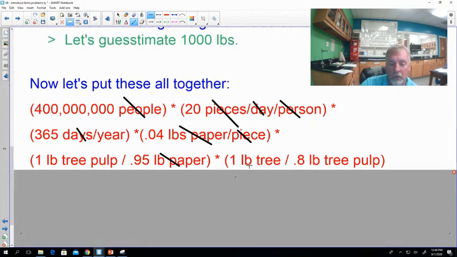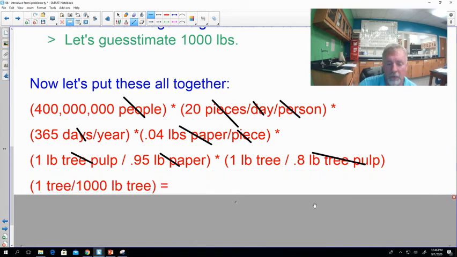So 1 pound of a tree will give me 0.8 pounds of tree pulp. So I've got pounds of tree pulp in the numerator and pounds of tree pulp in the denominator. I'm showing you how the units cancel out so I make sure I'm putting things in the right place. I don't have one of these flipped over, like it should have been 0.8 pounds tree pulp over 1 pound of tree. No, because my units wouldn't cancel out.